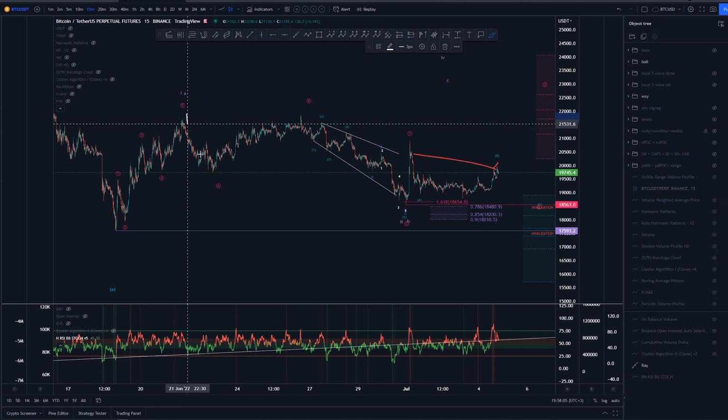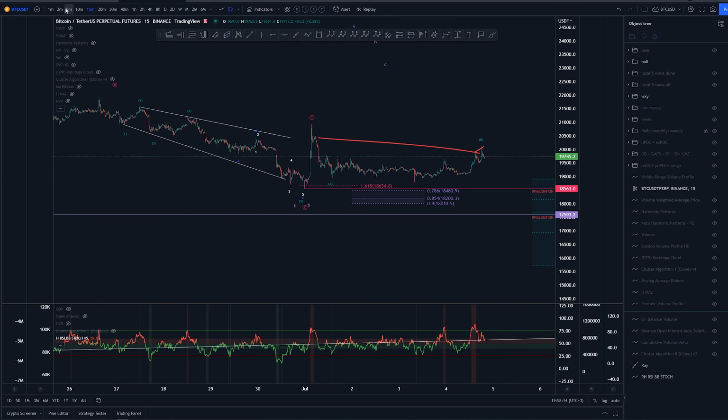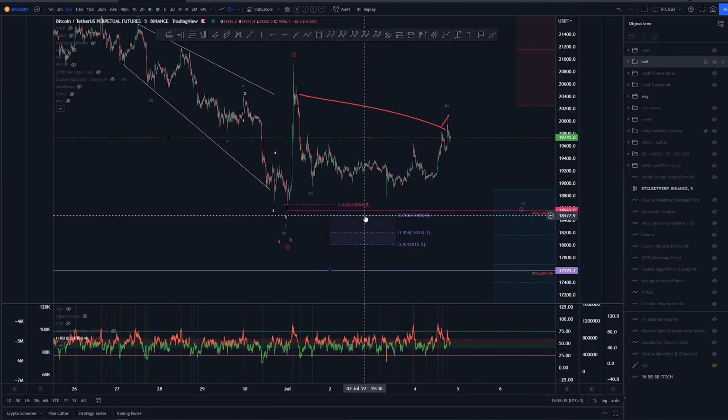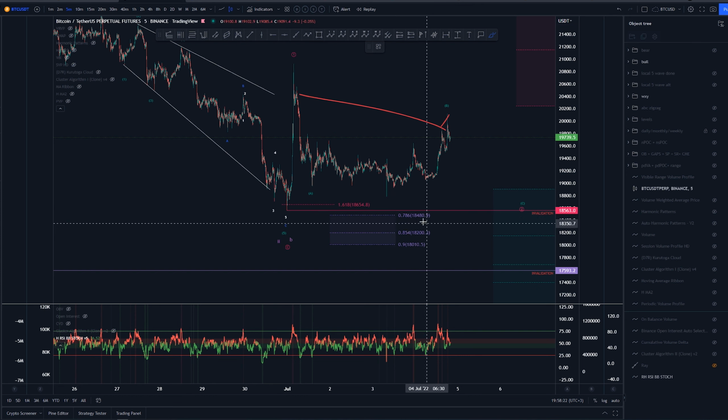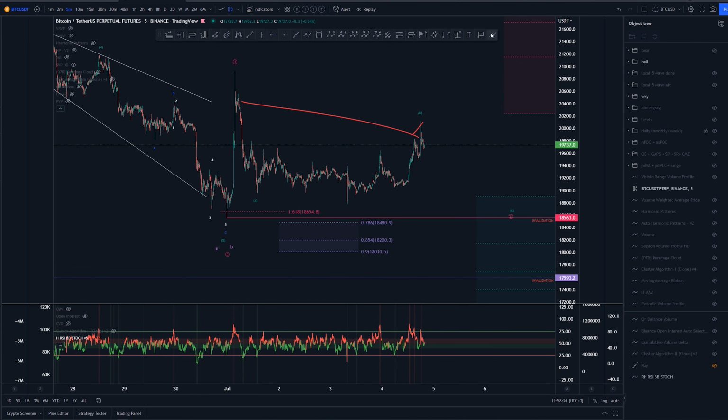The main point is that we have this 3-wave structure that is finished around this 1st of July area. Now after that point, we hit some kind of low there. We retraced the initial first A wave or wave 1 around the 78.6%. Again, it is very weak to say that this is indeed a bullish count, but we have to be saying that some of the counts are bullish, so this is one of them.